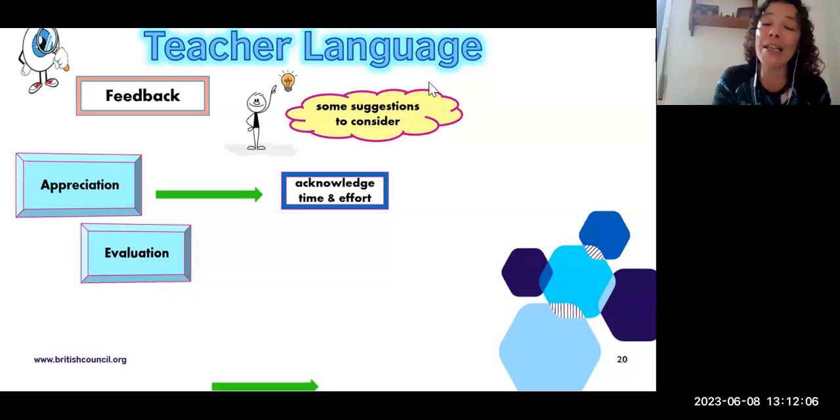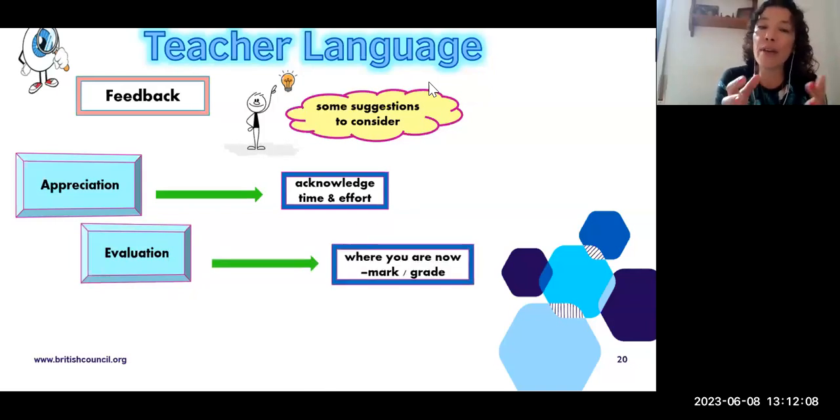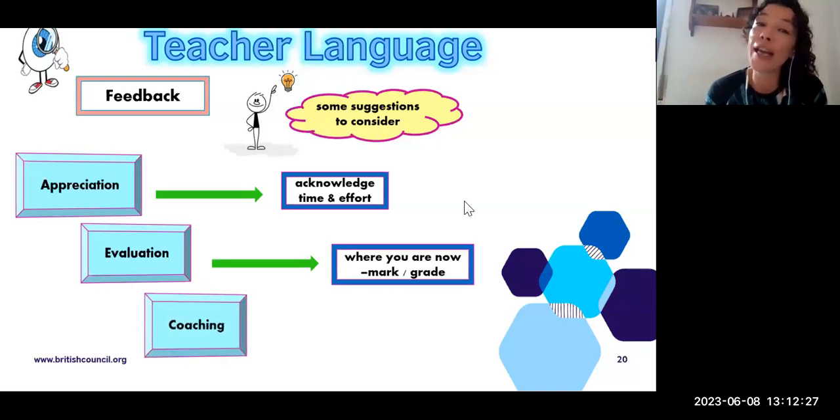There needs to be an evaluative element as well, which is really knowing where they are now on the task that they just completed. That could be a mark, it could be a grade, it doesn't have to be, but it's also an evaluation of how they completed this task. And then finally, a coaching element.